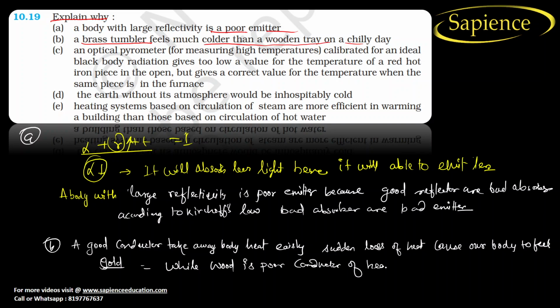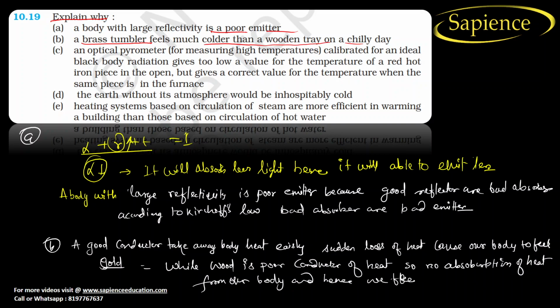So there is no absorption of heat from our body, and hence we feel less cold. Okay.